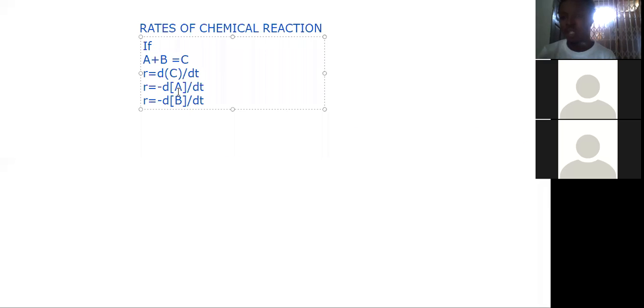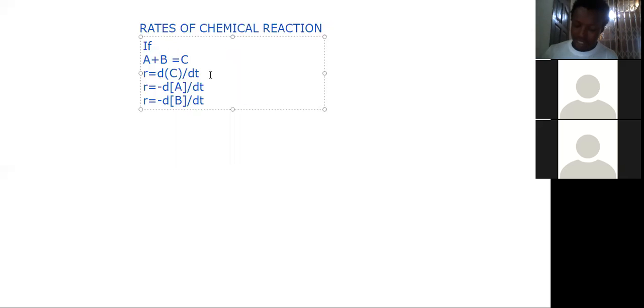When it is positive, it means there's a gain. So the sign only shows that there's a loss and there's a gain. Instead of saying consumed, you can say the rate of disappearance of A, that means the rate at which A is lost or consumed, that's minus d[A]/dt. Then the rate of appearance of C, the rate at which C is produced, or gains, is d[C]/dt. Basically, that is what it means.